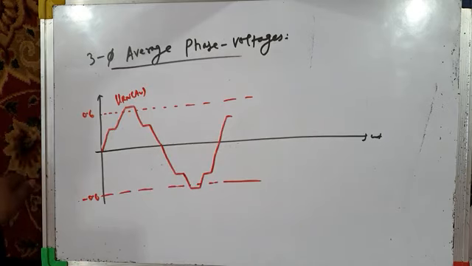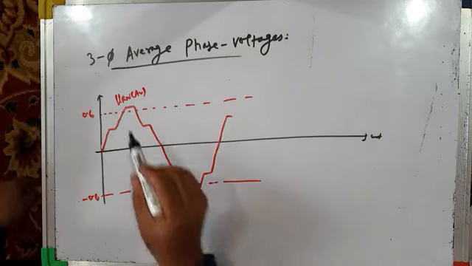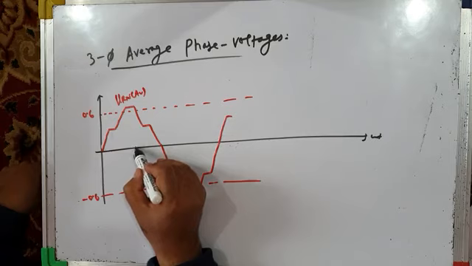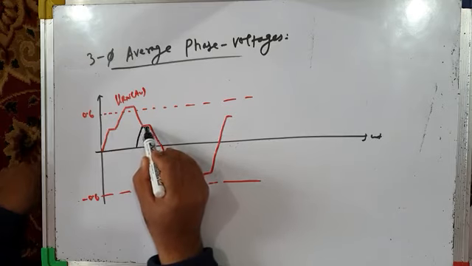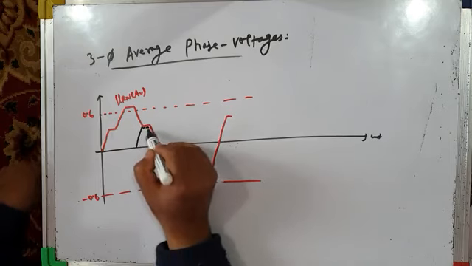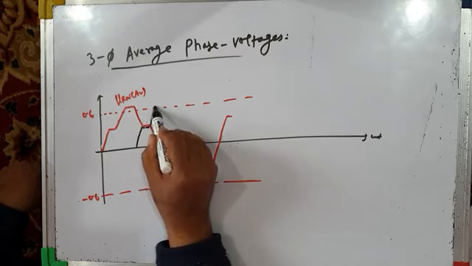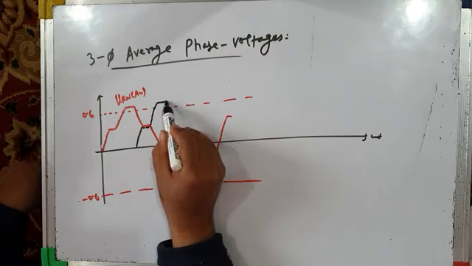Okay. What about VYN average? VYN average will be like this. It will start from here. It will be having same. I will show it dotted because it will overlap with this. And it will be like this.